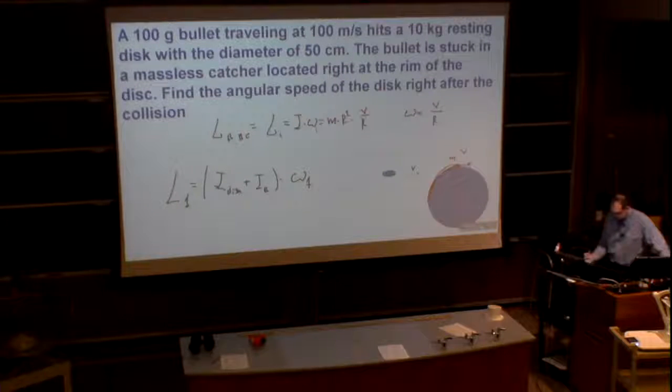And that's the initial, that's the final. And according to the law of conservation of angular momentum, they have to be equal to each other. And that's it. All we have to do now is just finish the calculation. And don't forget, again, this is the diameter.